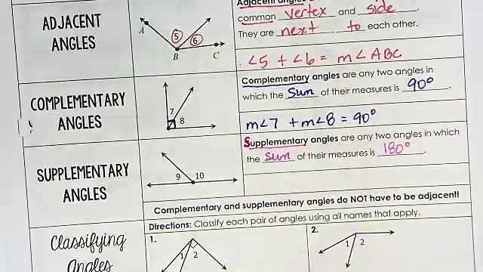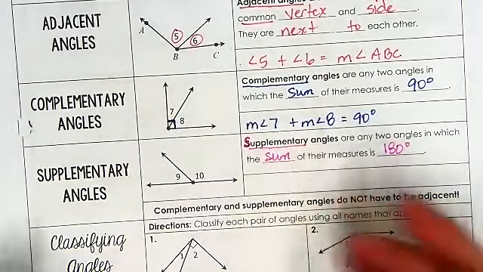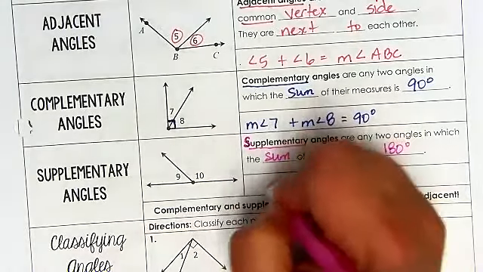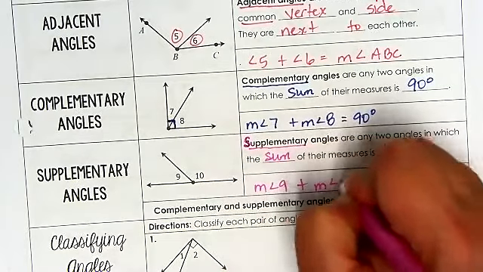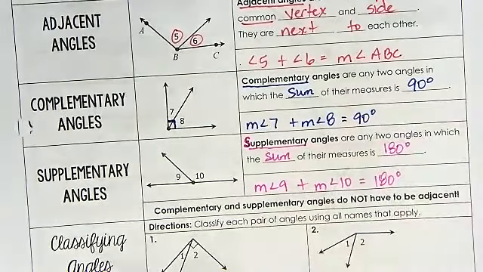And those two angles do not have to be adjacent in order to do that. That's the same for complementary, okay? It's just if they were put together, it would make a straight line. Okay, so we would have that measure of angle 9 plus the measure of angle 10 equals 180 degrees.